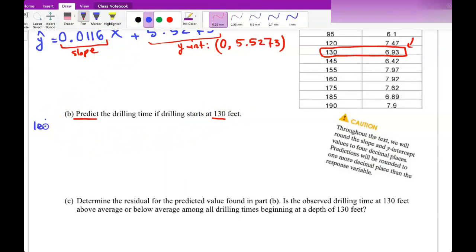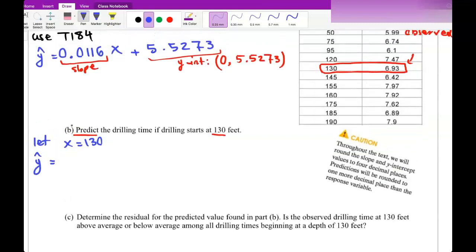So let x equal to 130, and y hat is equal to our line from part A. So multiply by 130, then plus 5.5273.